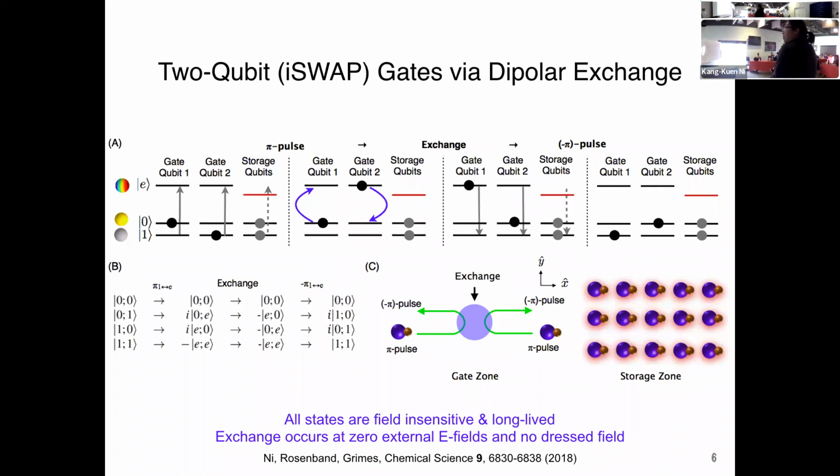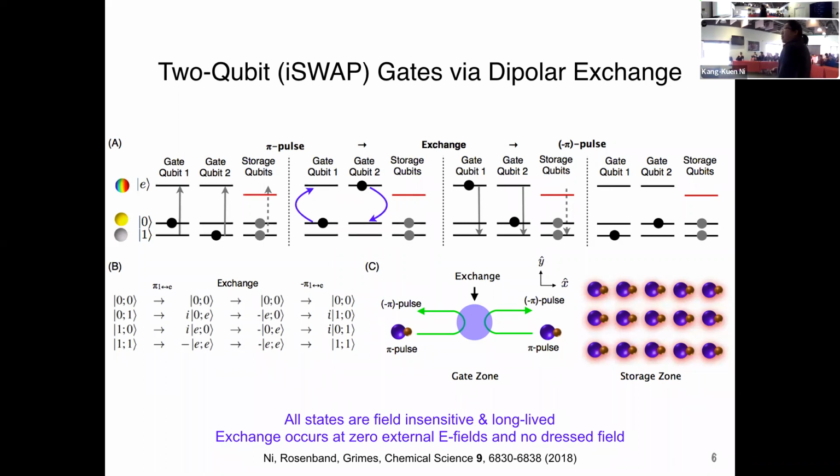For the storage qubits that are far away, we can light shift them away from this microwave transition, so they're not transferred into the rotational excited state, and that way we have site-selected addressability, as I'll show that we can demonstrate as well.